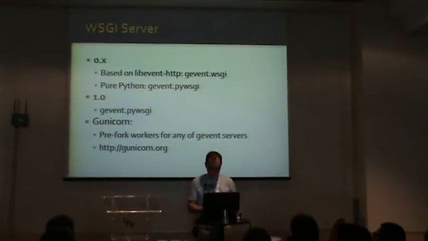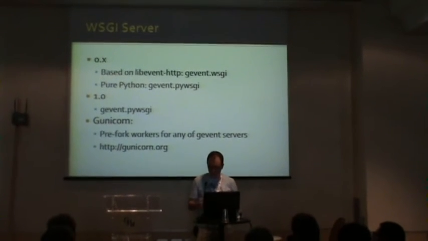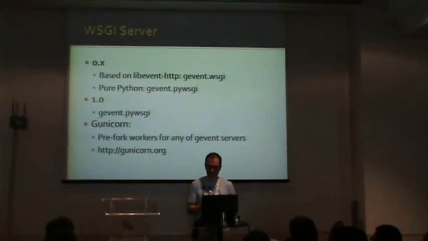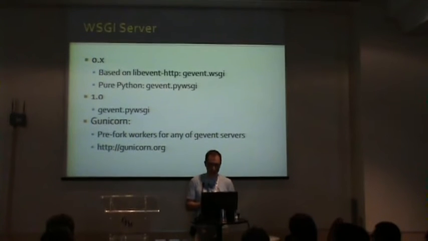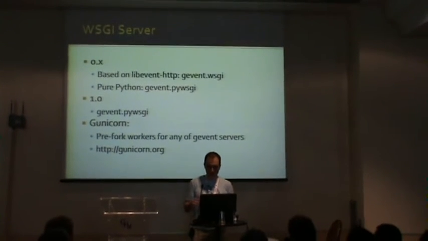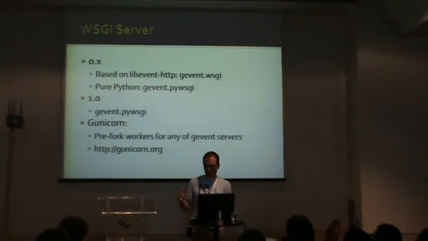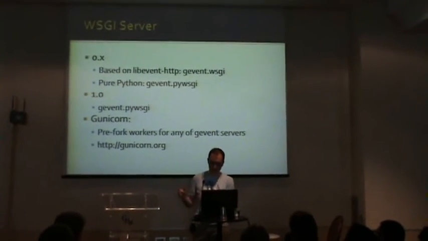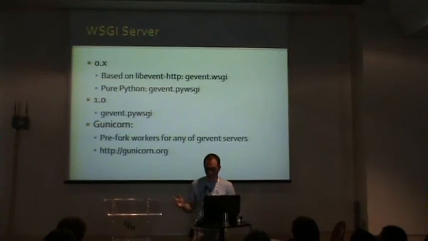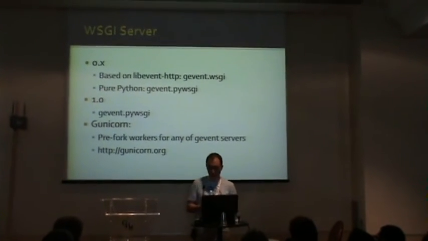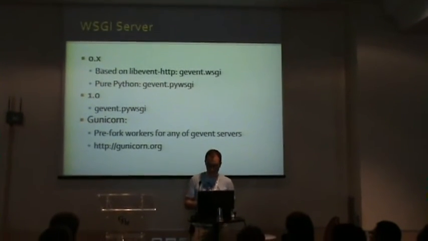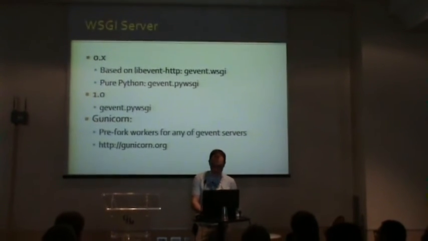So this is something that needs to be done. Now this is just an in-process server, and if you want to deploy it, there is a pre-fork server called Gunicorn. You just say, this is my application, I want to use gevent WSGI, I want a number of worker processes, and it runs the application in this multi-process environment.